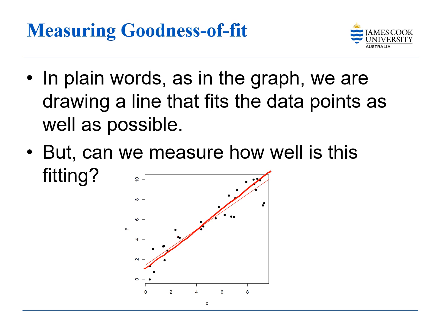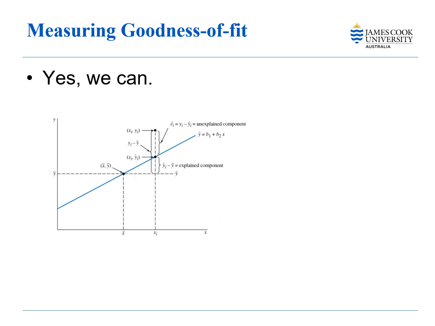Certainly here we will be interested to know to what degree our fitting is good. Yes, we can create a measure, an indicator, a quantity to measure how well our x explains the variation of y.